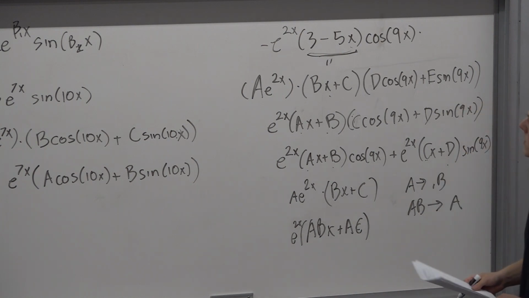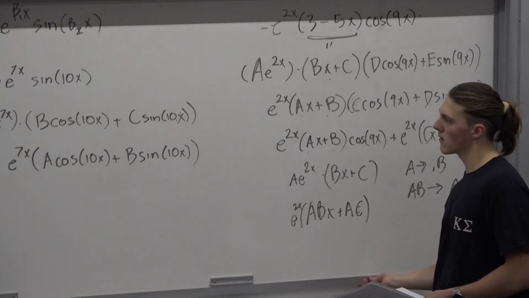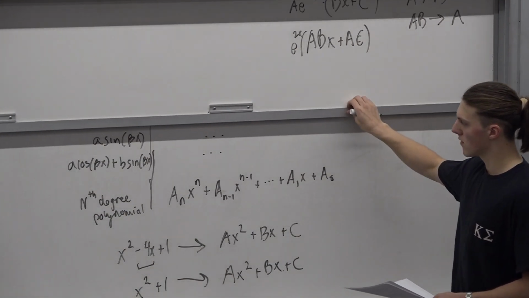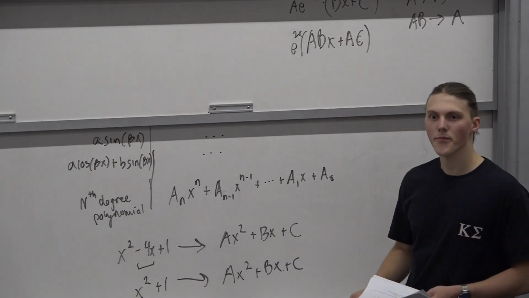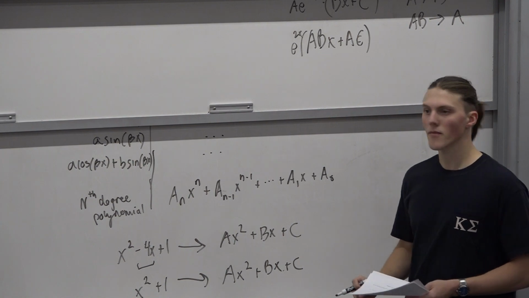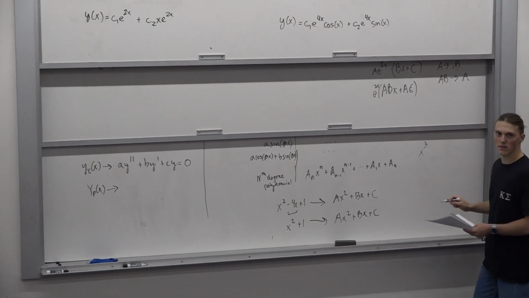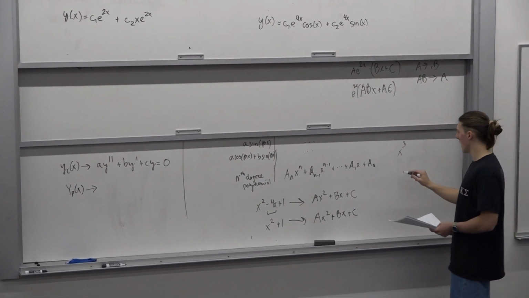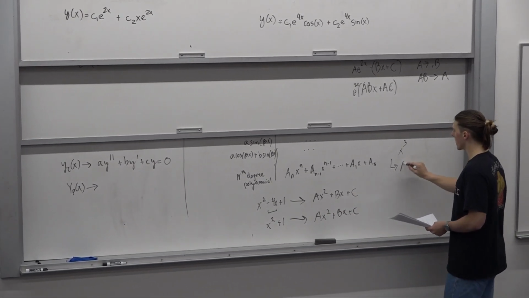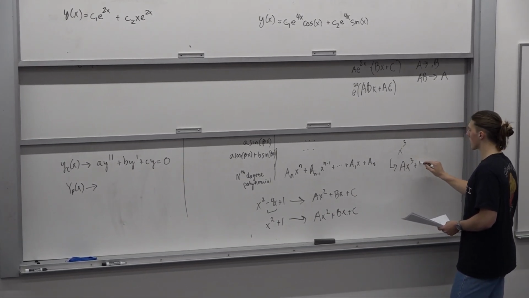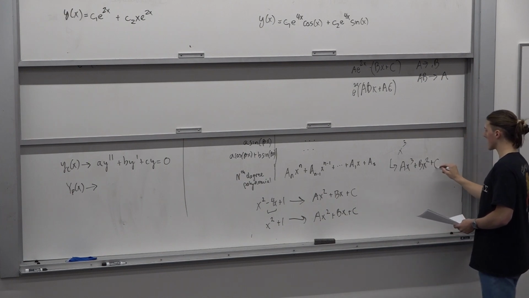For the polynomial one, it doesn't need to be binomial. It can be anything. Yeah, it can be like x cubed or something like that. And then your guess for x cubed would be ax cubed plus bx squared plus cx plus d.